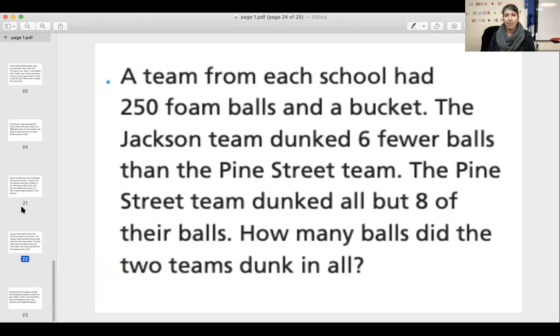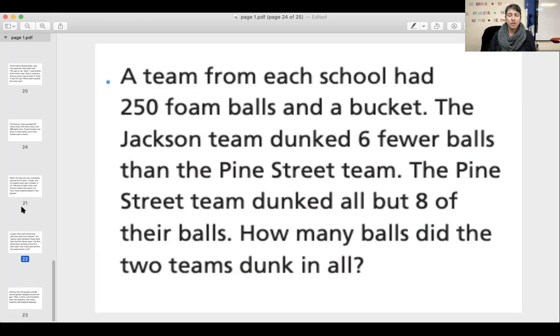Number 11 on page 120. A team from each school had 250 foam balls and a bucket. The Jackson team dunked 6 fewer balls than the Pine Street team. The Pine Street team dunked all but 8 of their balls.